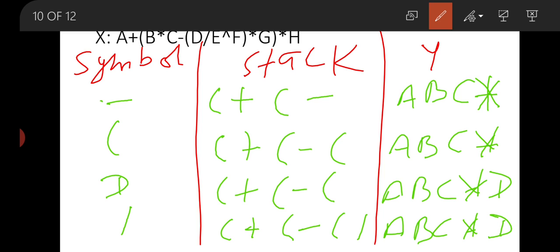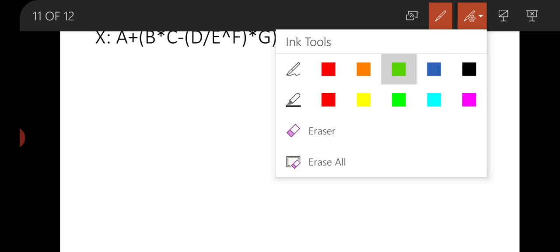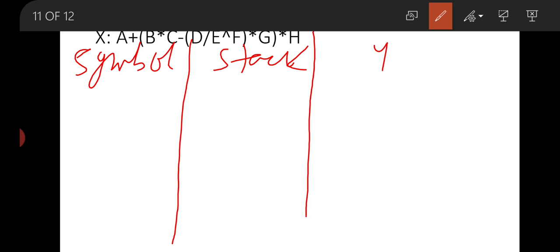Now I hope you have clearly understood this step. Now again, this is our symbol, this is our stack, this is our Y. If we scan now, we get E. E is an operand, and our stack will be the same: plus bracket, minus bracket, and division.